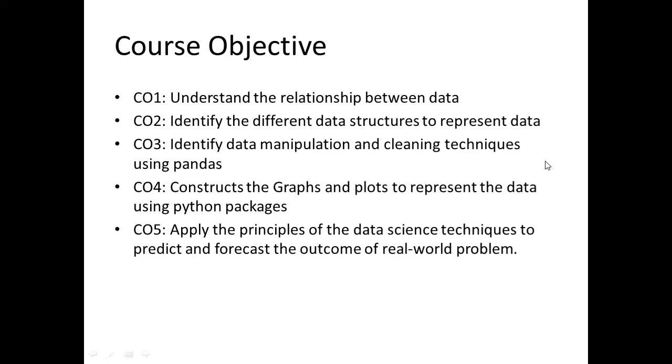Before going to discuss data science, we should understand the objective of our course. The first objective is to understand the relationship between the data, then identify the different data structures to represent the data, identify the data manipulation and cleaning techniques using Python libraries, and construct graph plots to represent the data using Python packages.